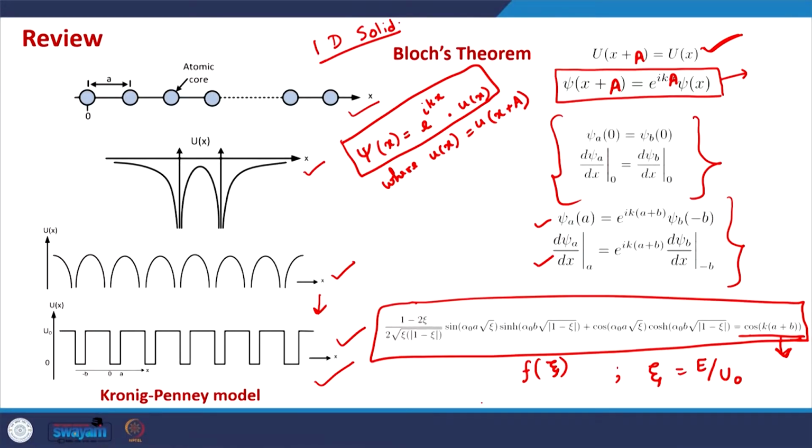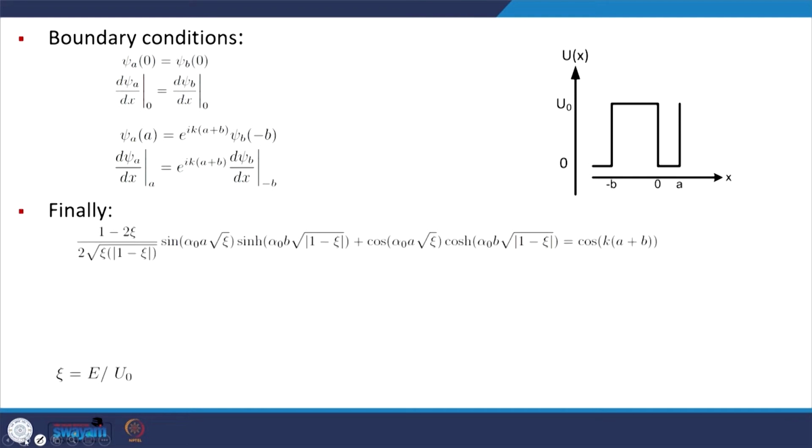In essence it will give us the energy corresponding to a given value of k. So it will give us the E-k relationship for solids, in particular a 1D solid. That is what we will see, and we will try to understand that.